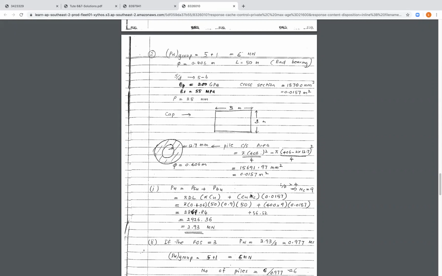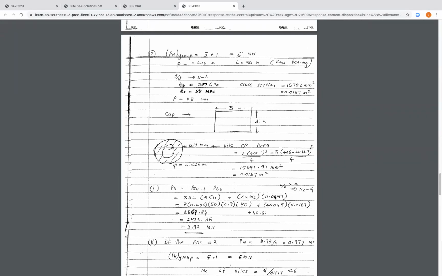And then we need to work out the bearing capacity due to the end bearing resistance. And that will be the undrained shear strength multiplied by the NC factor, multiplied by the cross-sectional area of the pile.